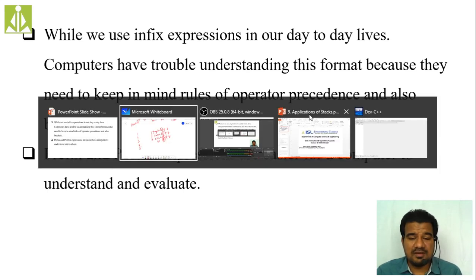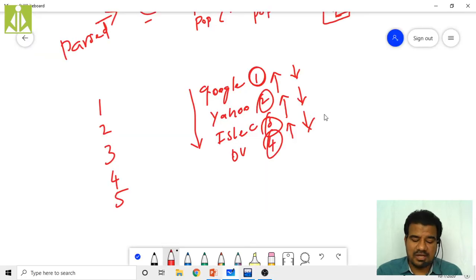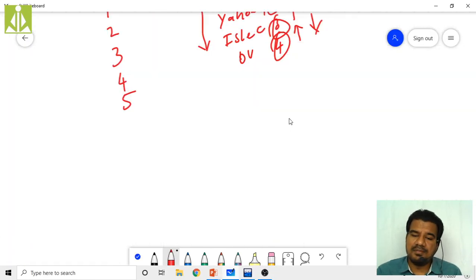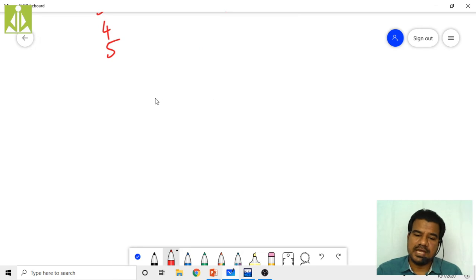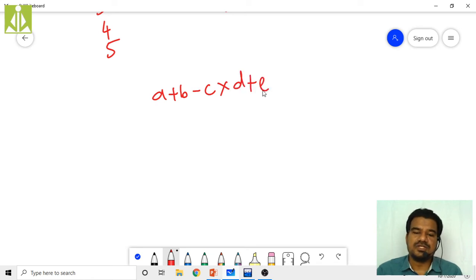When I say expression, I mean this: A plus B minus C multiply D plus E. So this is an expression. I will scan this expression from left to right.